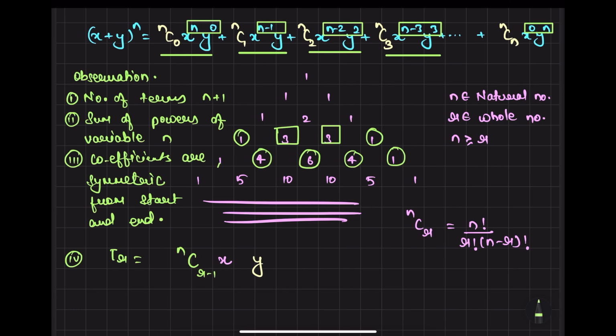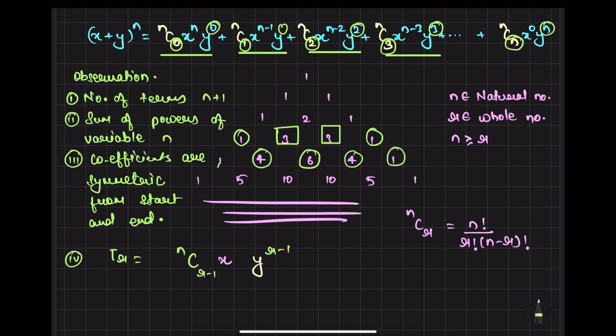Now look at this part. Now try to observe the power of y. So can I say that the lower subscript of c and the power of y are same thing? Correct? Here 0, here 0, here 1, here 1, 2, 2, 3, 3, n, n. So can I write r minus 1 over here? And based on this, the sum of powers of the variable is n.